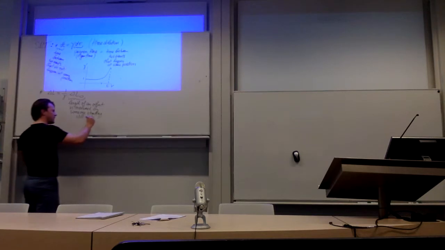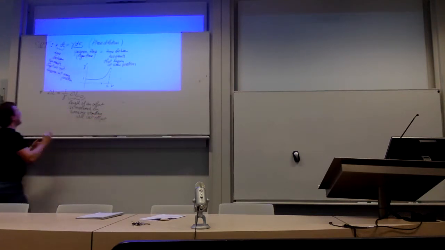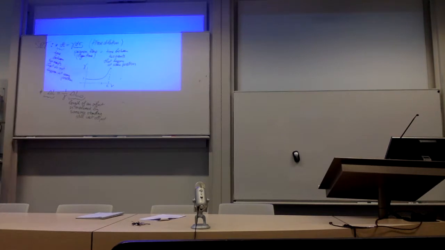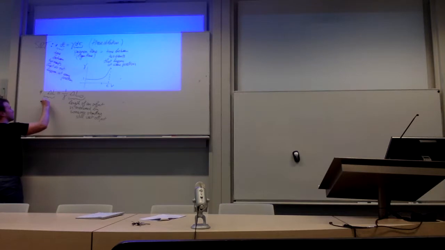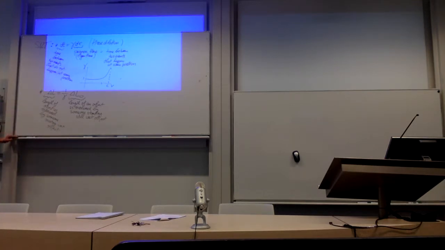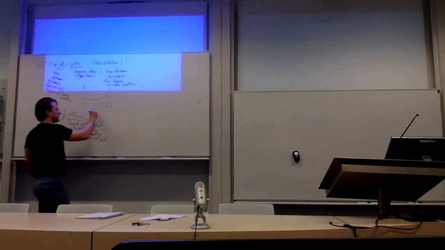And this one is the length of that same object as measured by the guy moving with respect to the object. So there you go. This, of course, is what we call Lorentz contraction.